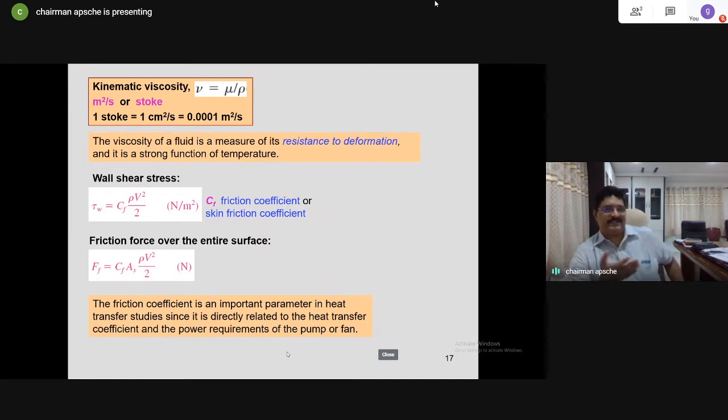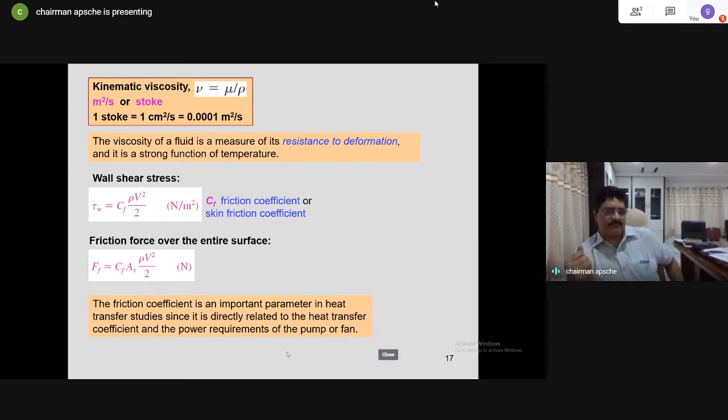Now, wall shear stress. Right on the wall, when fluid is flowing, the viscous effects, rho v square by 2. So the frictional force is shear stress into area.